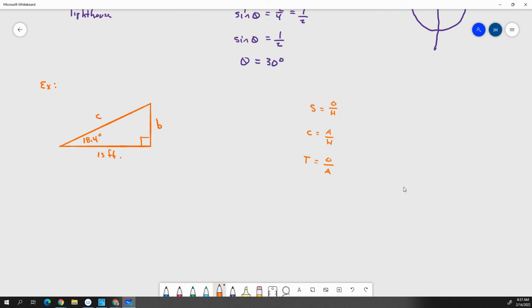Let's start with B. If I want to find B, I want to find the opposite. I have the adjacent, so I'm going to use tangent, because tangent equals the opposite over the adjacent. I know the adjacent and I know the angle. So tangent of 18.4 degrees equals B, our opposite, over 13 feet.